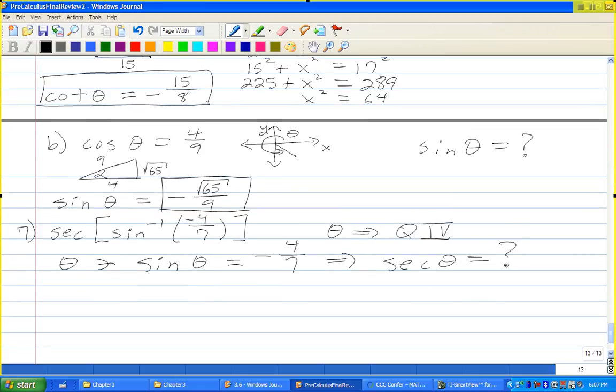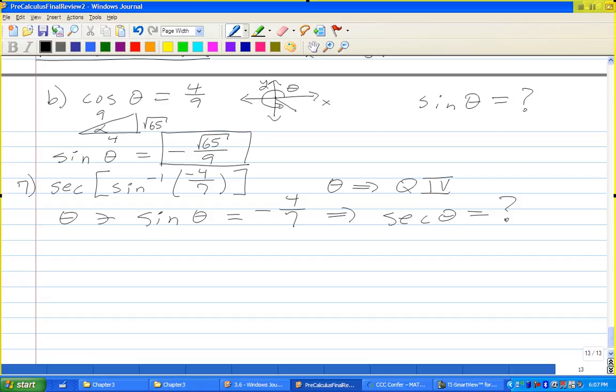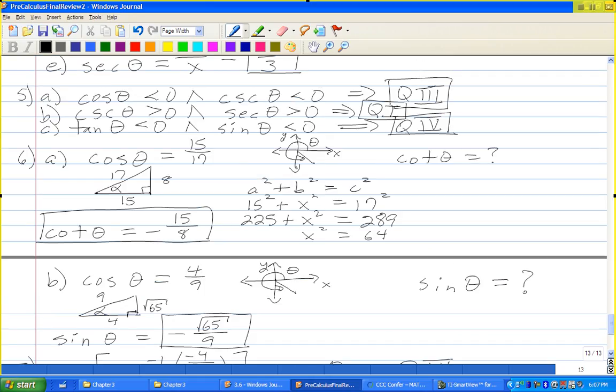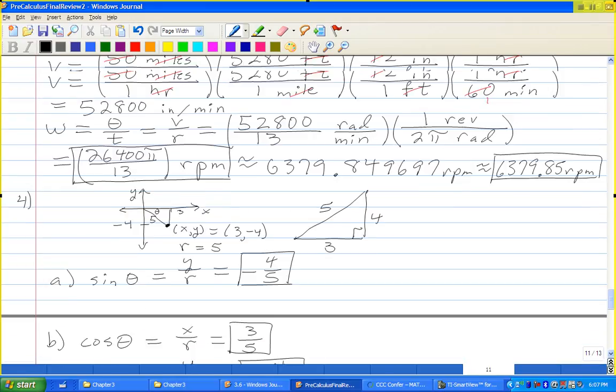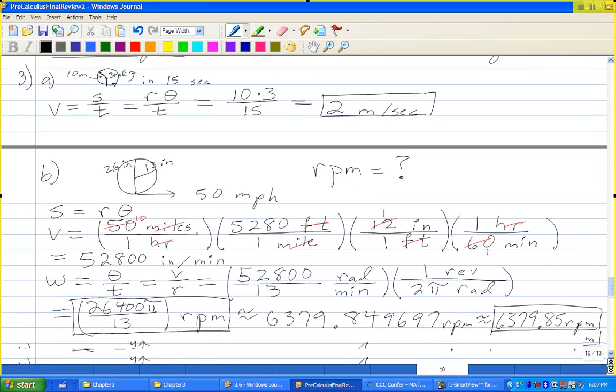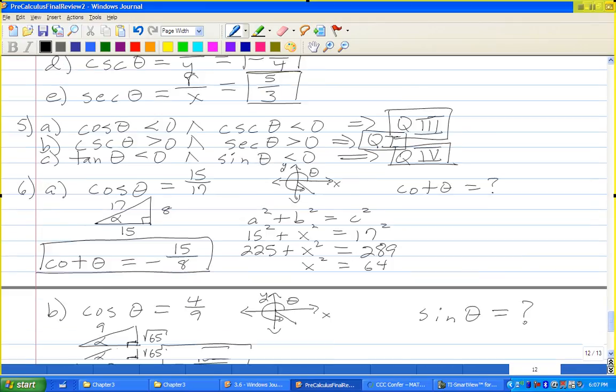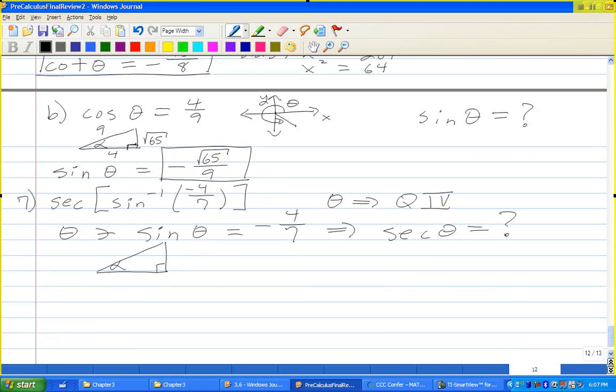And now let's draw this. Again, some reference angle. Be sure I wrote the right angles there. Of course, this is all right angle trigonometry.